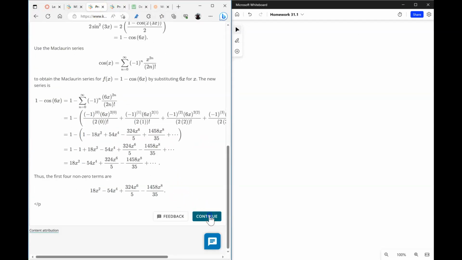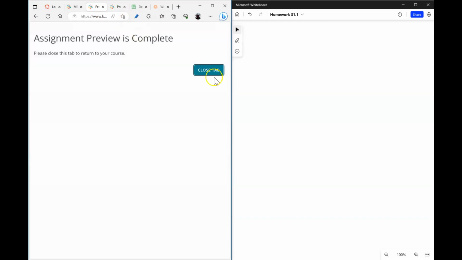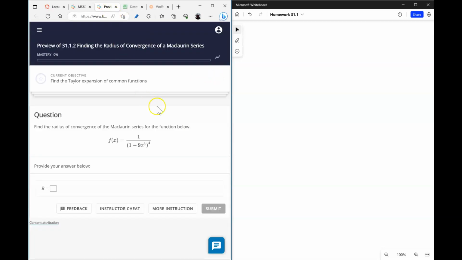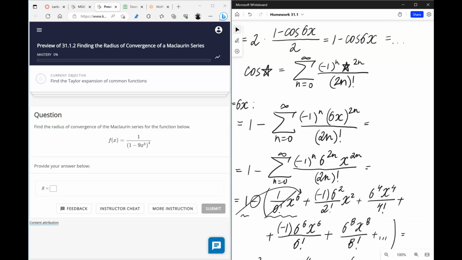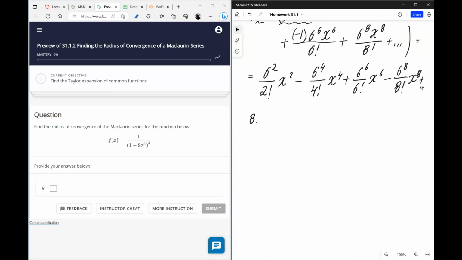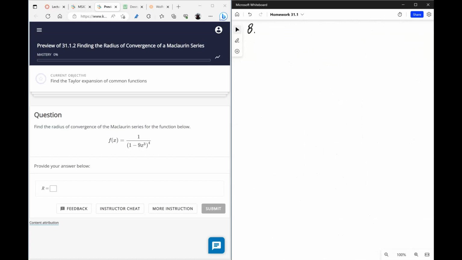Well, actually, there you go, this one is good, and now this one. So number 8, find the radius of convergence.